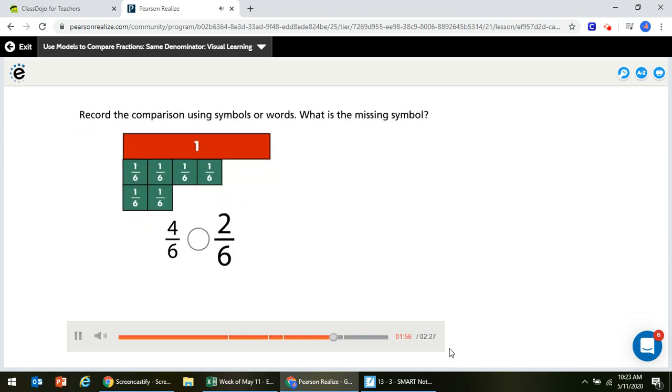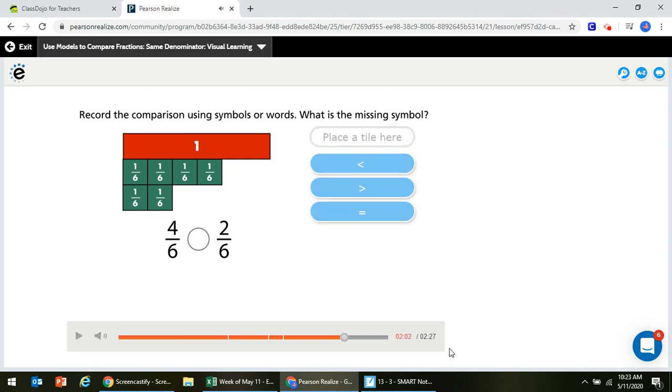Record the comparison using symbols or words. What is the missing symbol? So this is where you select your answer. And to do this, you always read just like you would read a book. You read your sentences starting left and reading towards the right. So you have 4/6 and then 2/6.